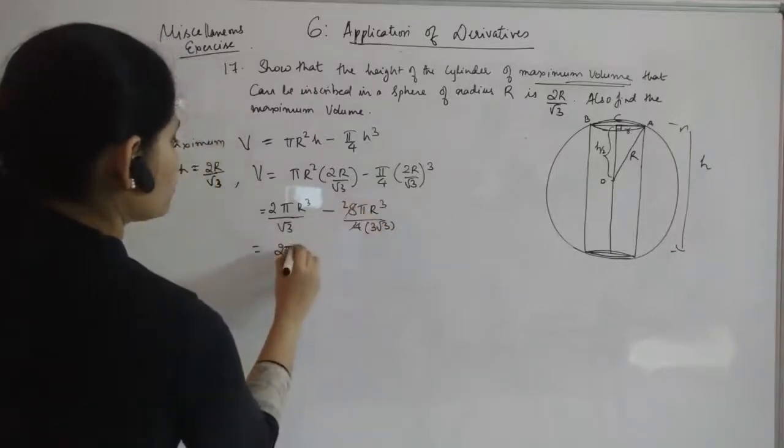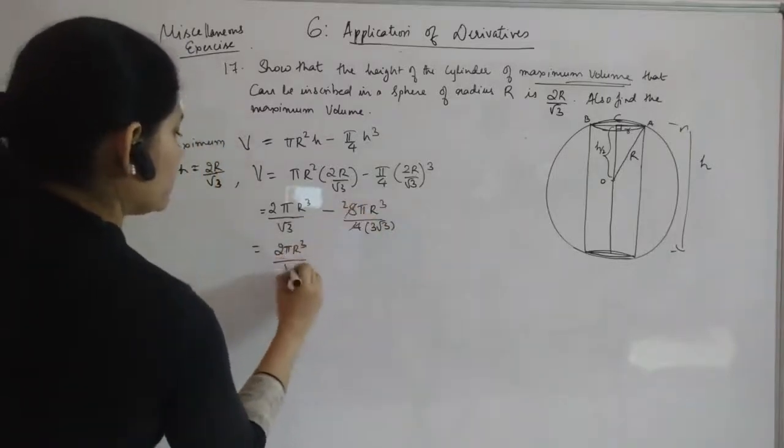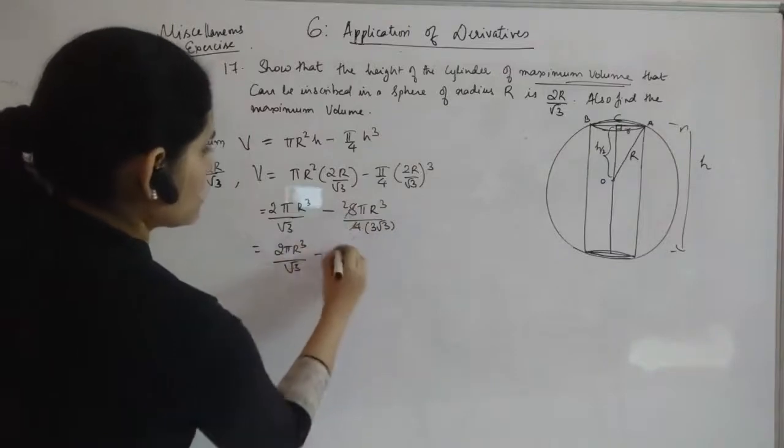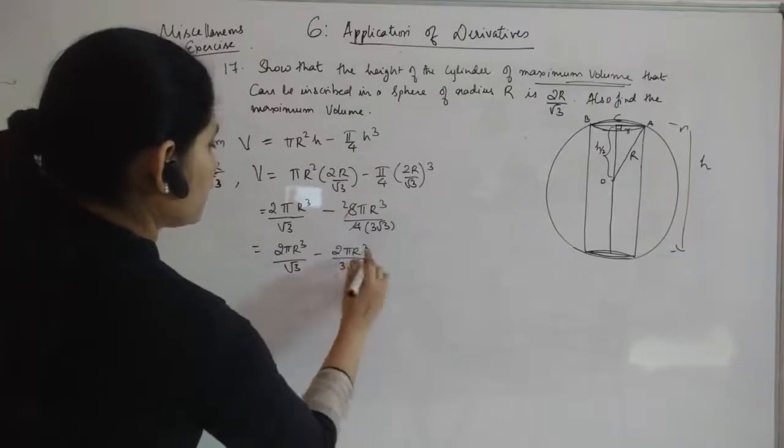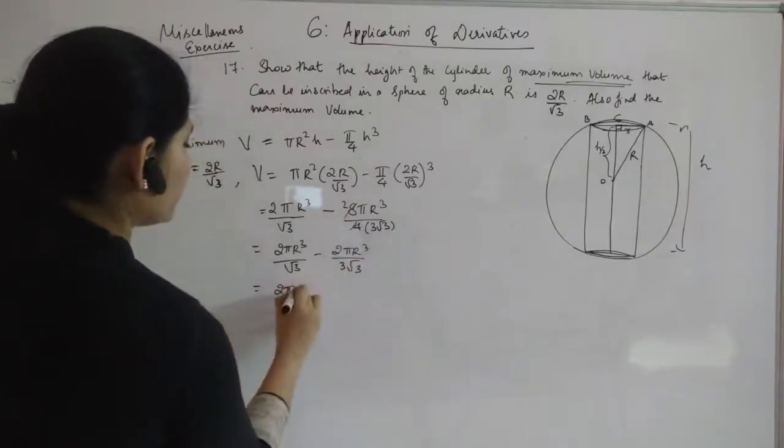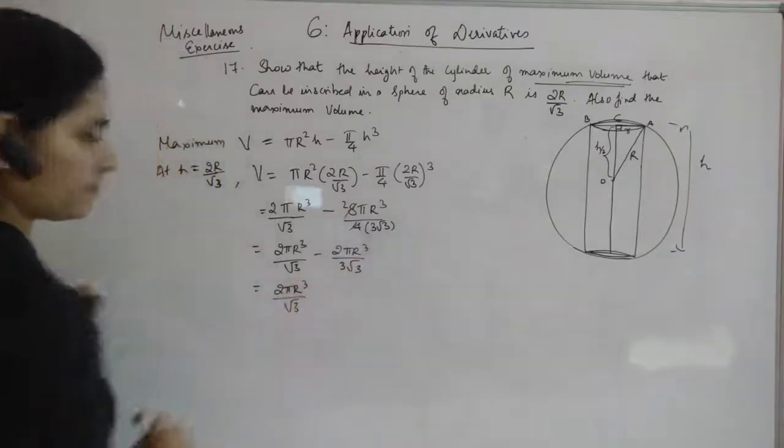So it is 2 pi r cube by root 3 minus 2 pi r cube by 3 root 3. So you can take out in common 2 pi r cube by root 3.